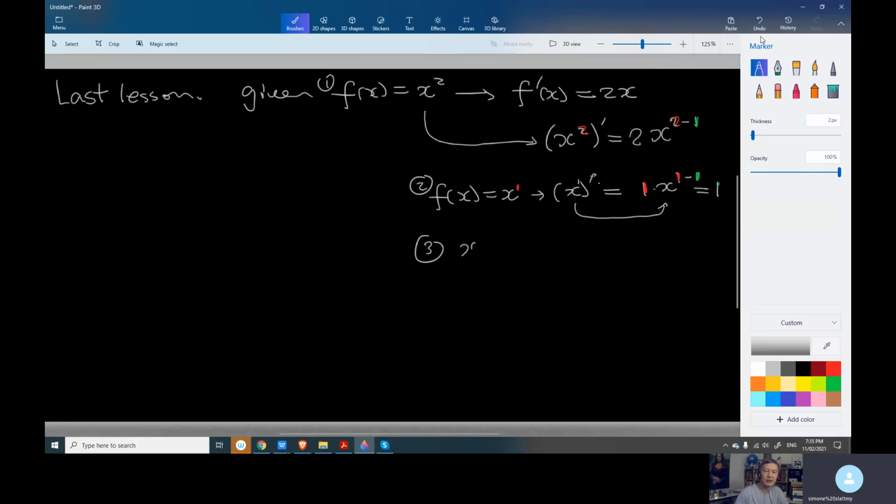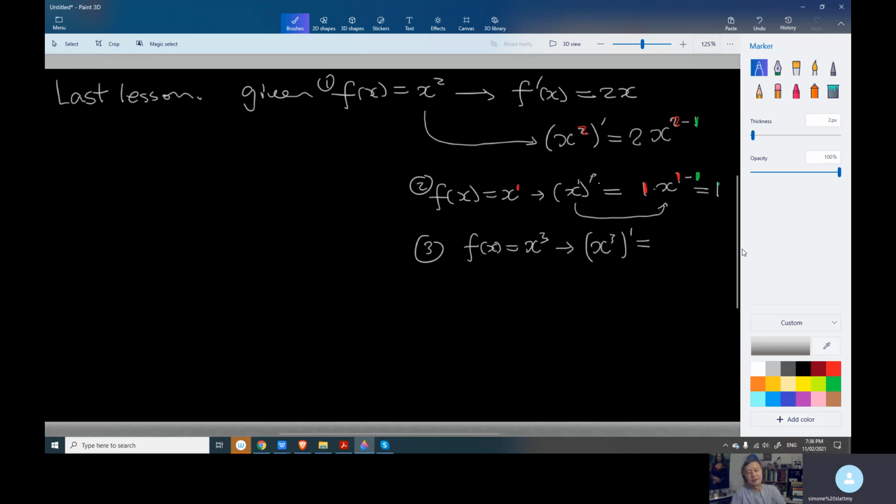Consider another function. This time, let's go cubic. Now, without using the definition, just by using the strategy, how can we find the first derivative of x cubed?